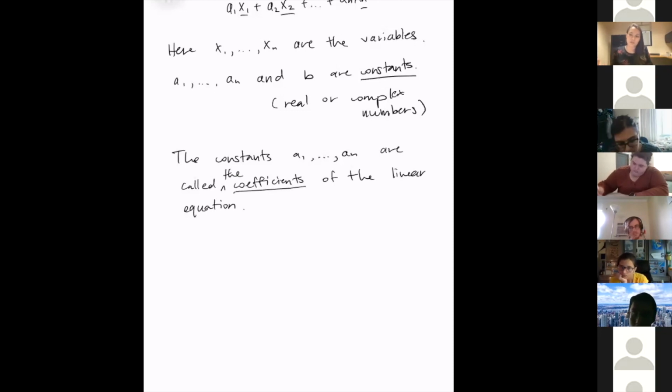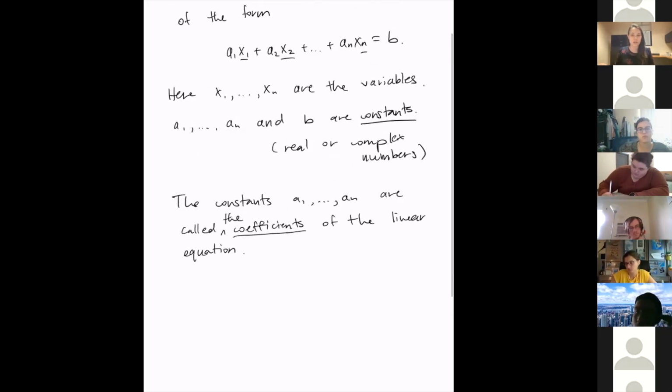This is similar to how we refer to the numbers in polynomials as coefficients. So similar definition, but unlike polynomials, you shouldn't see any powers on your variables. That's the difference between a linear equation and a polynomial equation.